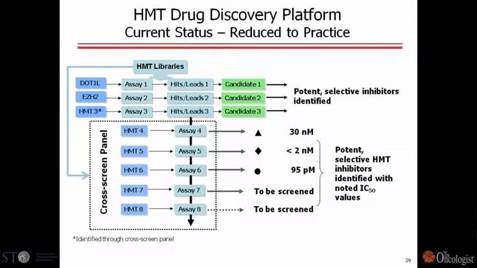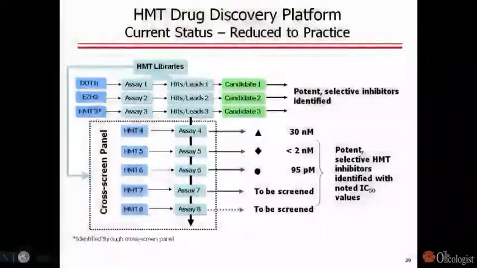The idea is pretty obvious. We take that library and then we use it to interrogate all of these other HMTs. That does several things for us. First of all, it informs us on the selectivity of our compounds for our drug-seeking efforts, but it also gives us the opportunity to identify starting point molecules, tool compounds, or even program start molecules against a richness of other HMTs.